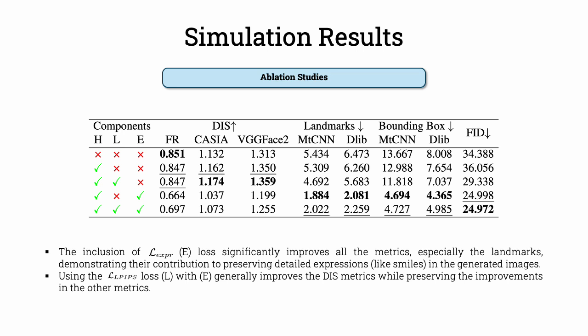We observed that the inclusion of the facial expression consistency loss significantly improved all the metrics, especially the landmark, demonstrating its contribution to our framework for preserving detailed expressions like smiles in the generated images. Also, the inclusion of the LPIPS loss generally improved the L2 distance metric while preserving improvement in the other metrics.